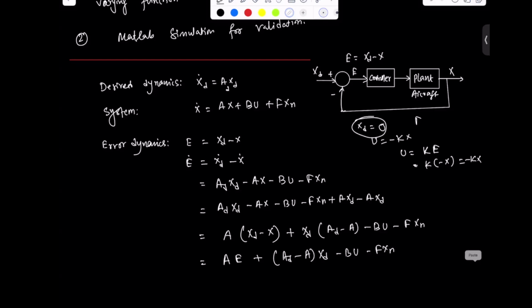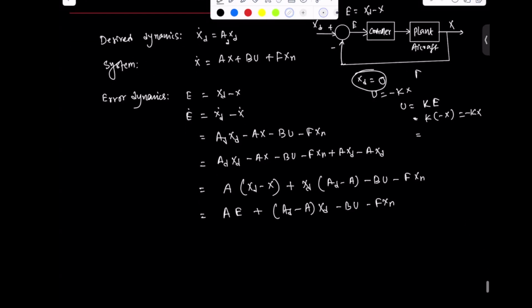But in this case, we can't write in this form. We have to write u equal to Ke minus Kd xt minus Kn xn. This is how the control structure should be for the tracking control in this course. Yes, so we can write in this form.